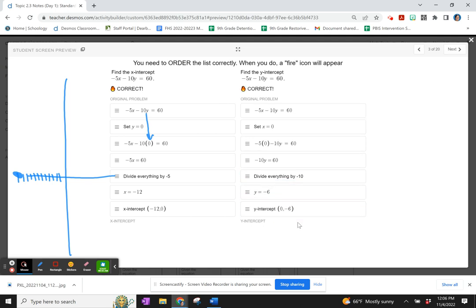We get y equals negative 6, but we have to put it in an ordered pair. We want to remember that x equals 0 and that y equals negative 6. So there is 1, 2, 3, 4, 5, 6 down on the y-axis, and then you can create a line, and that's how you graph from 2 points. That's how you graph from the x and y intercepts.